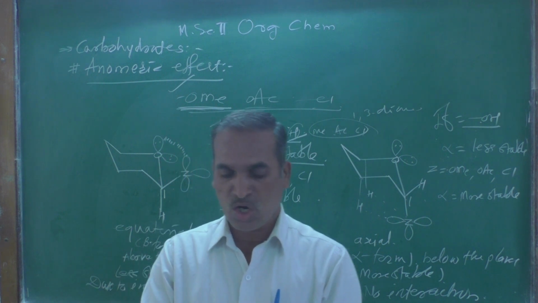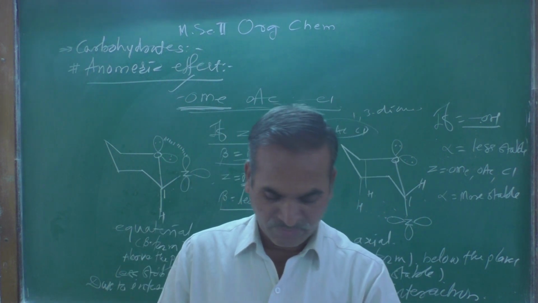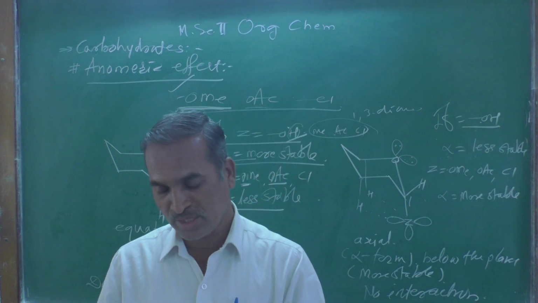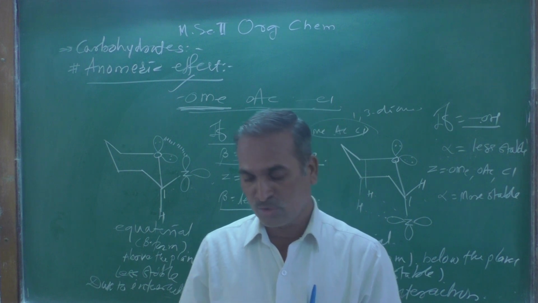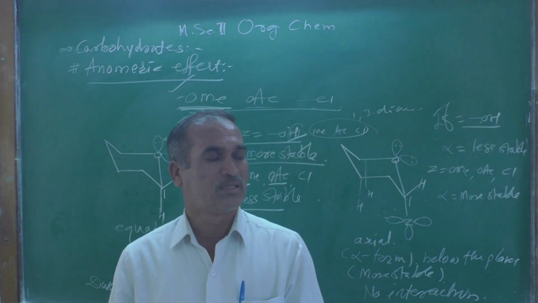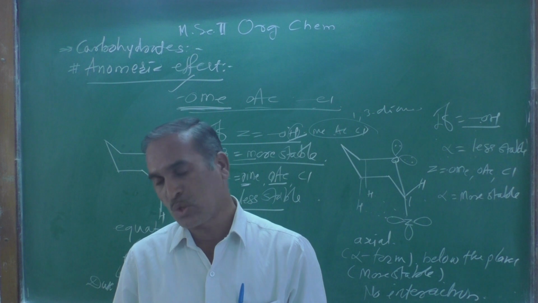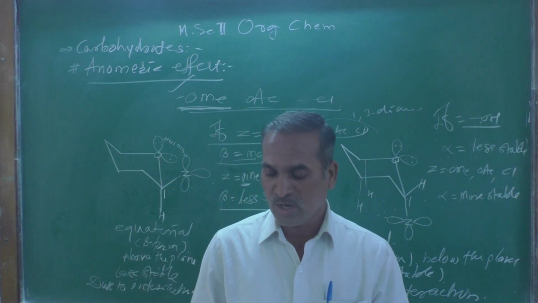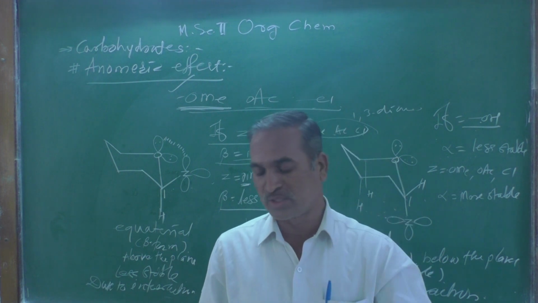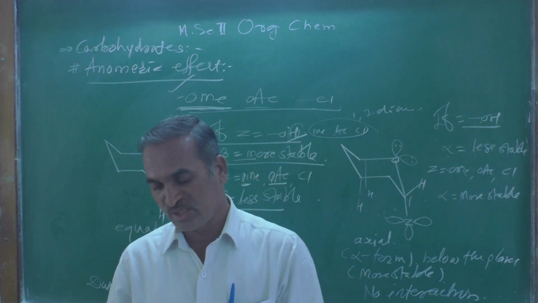So this is all about the anomeric effect which we have seen here in detail. So tomorrow onward we will see the formation of the glycosidic, means ring structure of glucose, why it is important, that we will see.